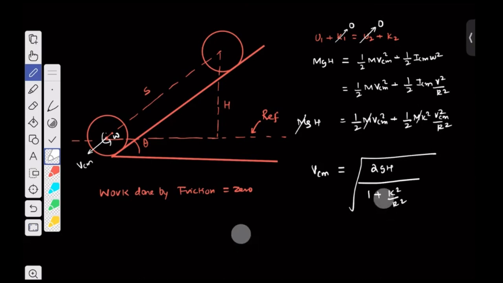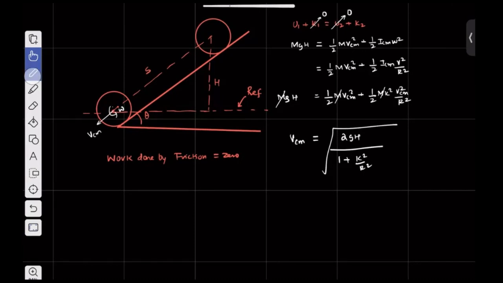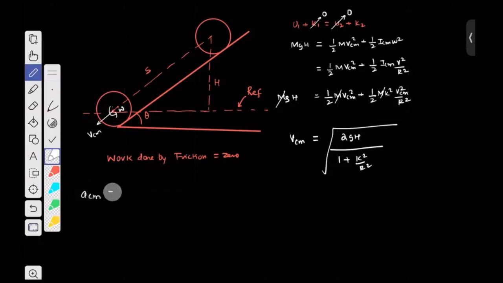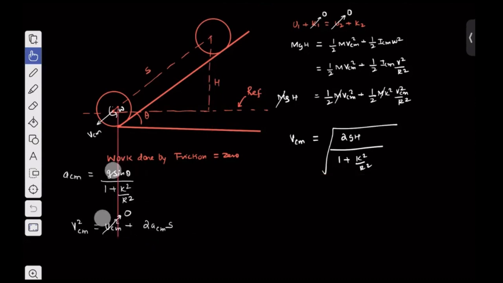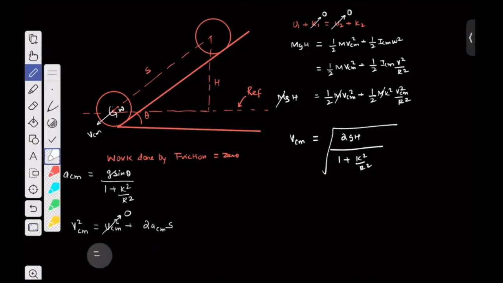Or even we can solve it by equations of motion, since ACM is known to us, which is g sine theta by 1 plus k square by R square. I can use VCM square equals UCM square plus 2 ACM into displacement S, and UCM is 0 only. So it becomes 2g sine theta into S by 1 plus k square by R square.